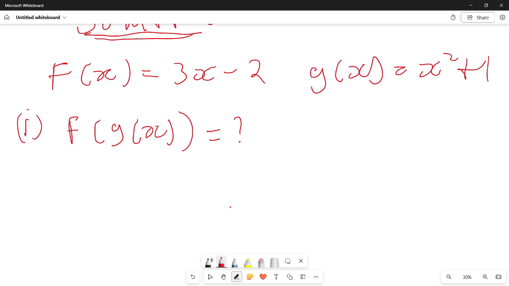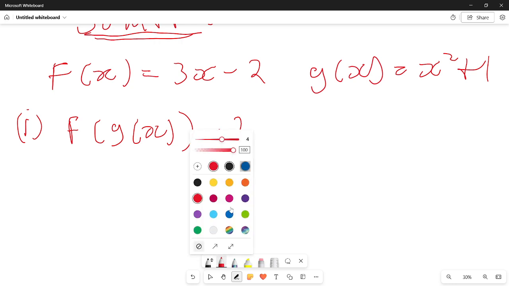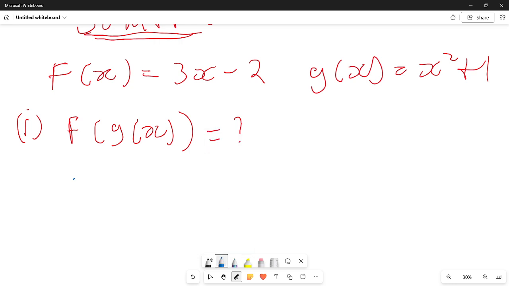So let's say we want to evaluate the function f at a point A. So let's say we are evaluating the function f at x equal to A.